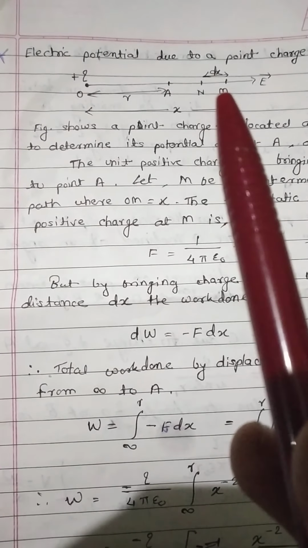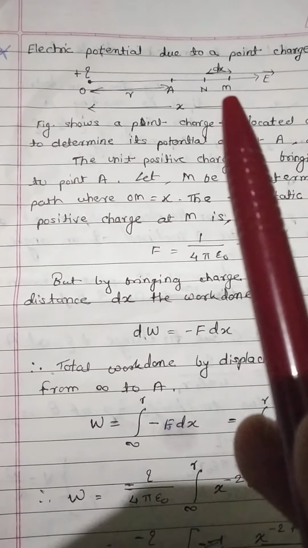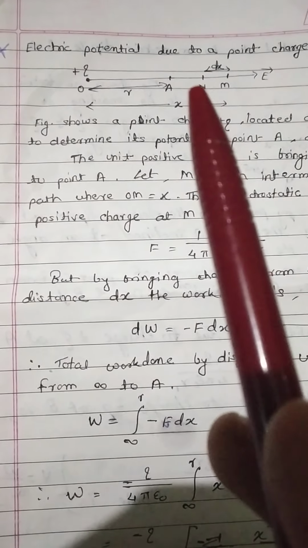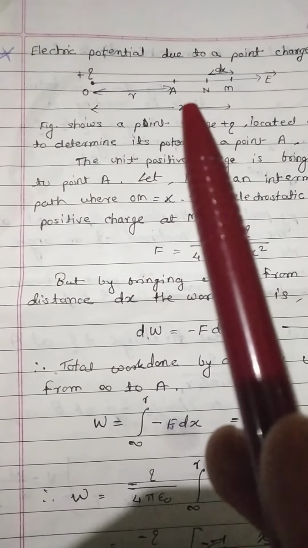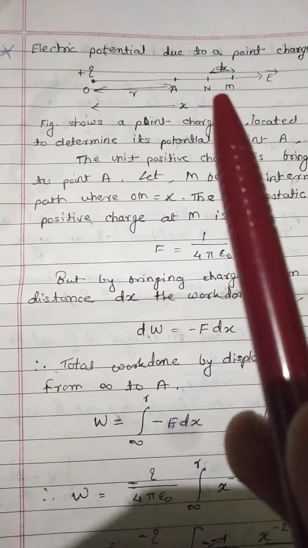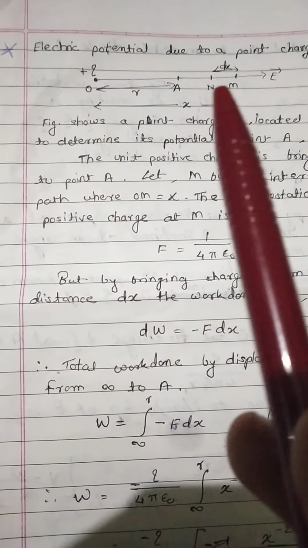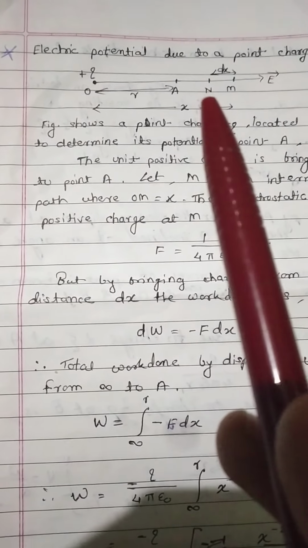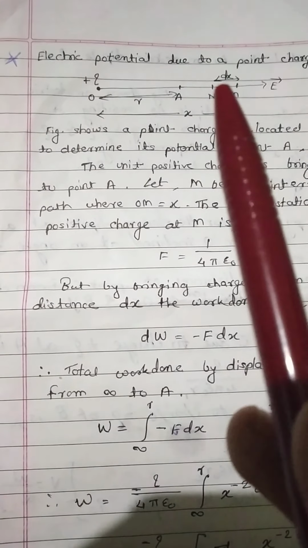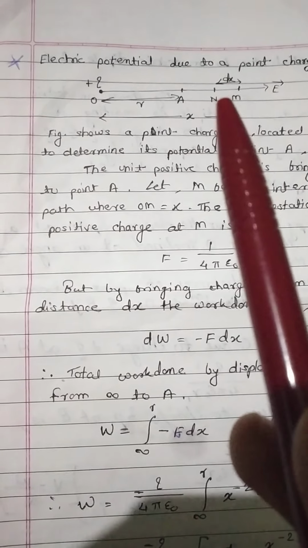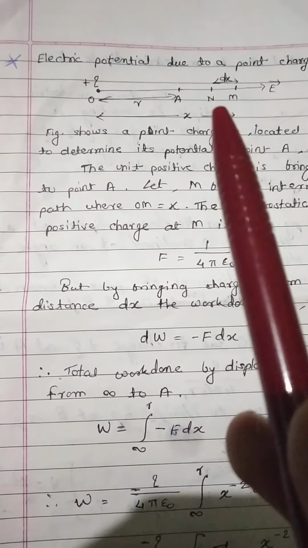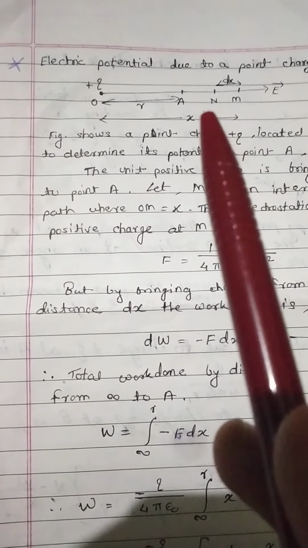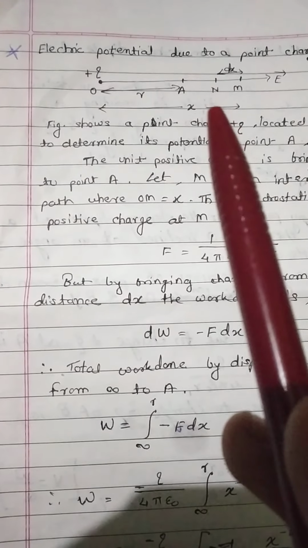So here we place a test charge at M. Then this test charge does work against this electrostatic force, moving a small distance dx, up to N. Here the small distance is dx. So the test charge moves from M to N, then work is done.